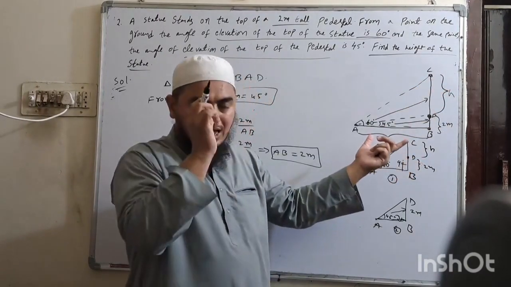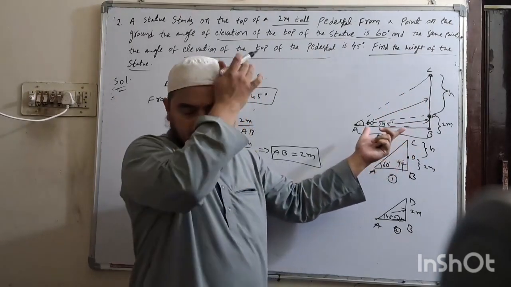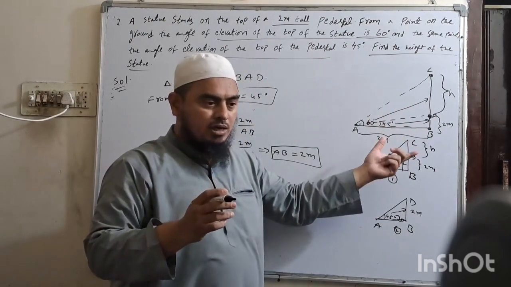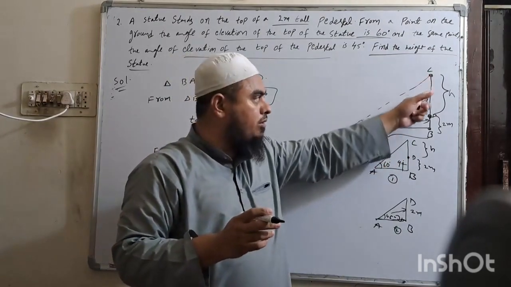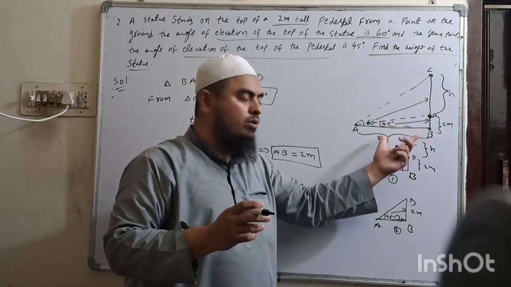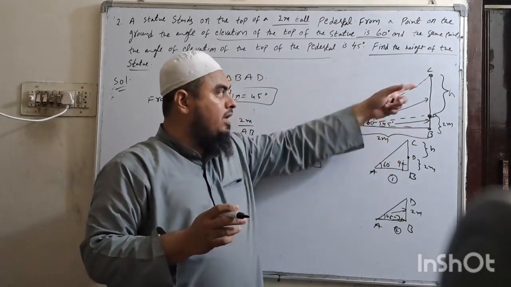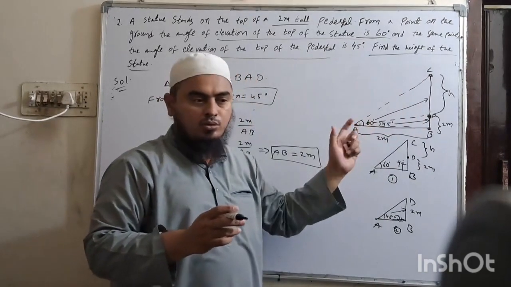The tan ratio is nothing but the opposite side length by adjacent. Here you should not confuse which to take, sine, cos or tan. Tan we have to take because we have to calculate the opposite side length and we know the adjacent side length. If you take sine 60, opposite by hypotenuse, that we don't know.